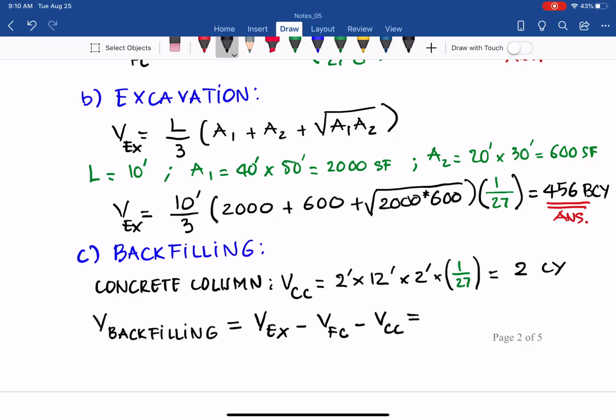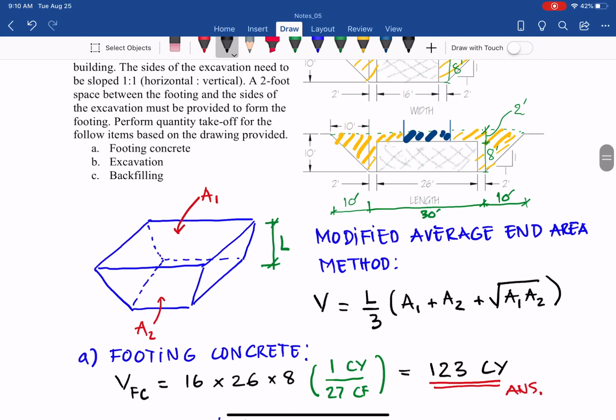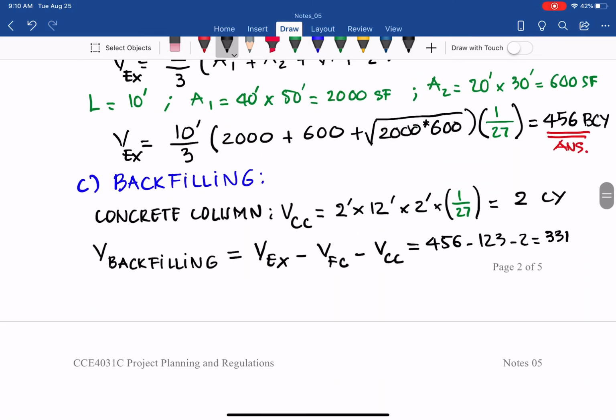And from that we have 456 minus 123 minus 2, and the answer becomes 331. What is the unit? Of course, cubic yard. But for loose material, we have 3 types of measure: bank cubic yard, loose cubic yard, and compacted cubic yard. This is backfill. You put it back, and you have to compact it. So this one has to be CCY.